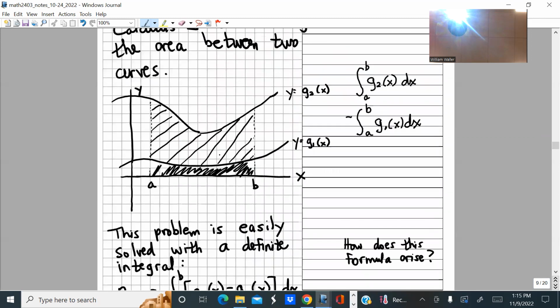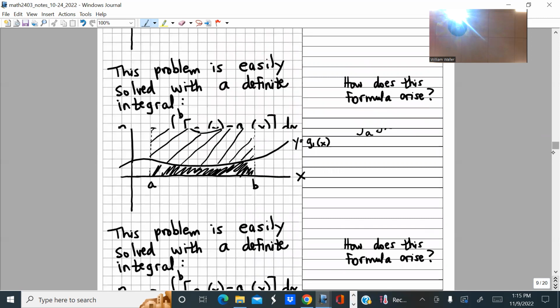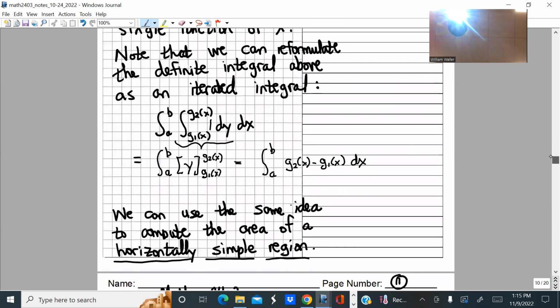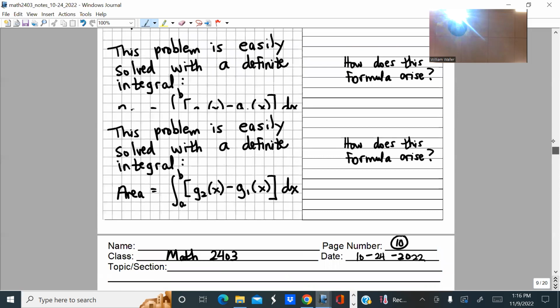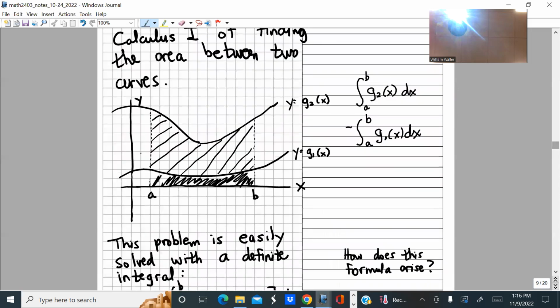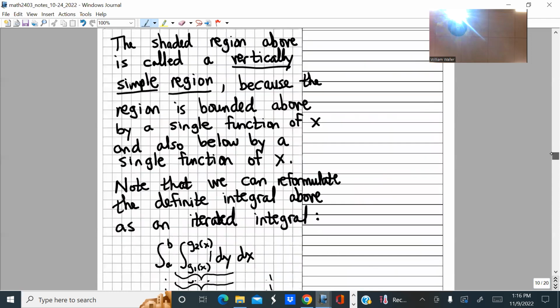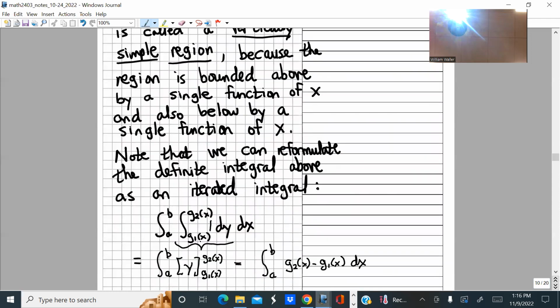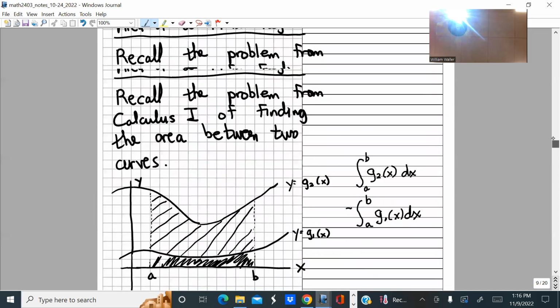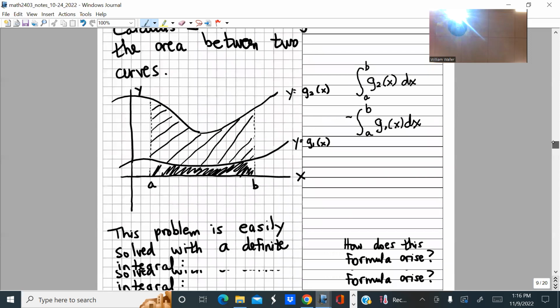Because you're integrating x from where to where? A to B. So along the x-axis, you're starting at A and stopping at B. Along the y-axis, you're starting at g1 on the bottom and going up to g2. Exactly this picture.